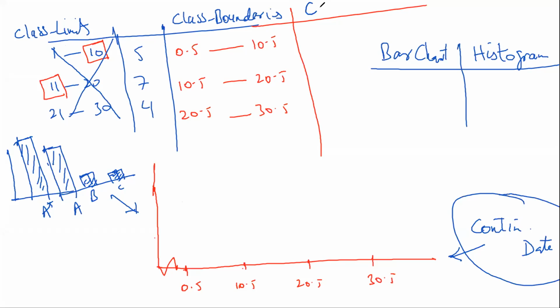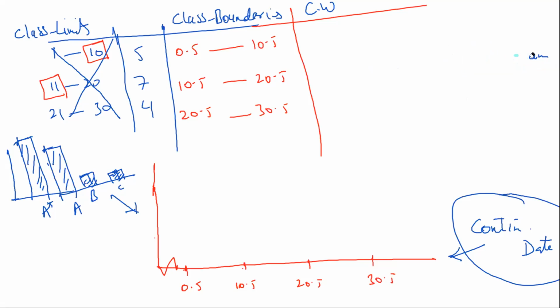So the class width is going to be upper class boundary minus lower class boundary. This is going to be 10, this is 10, and this is 10. So it means we can keep the frequency on the vertical axis, and you can call your histogram a bar chart as well, because all the bars have the same widths, and the length of those bars shows their frequency.